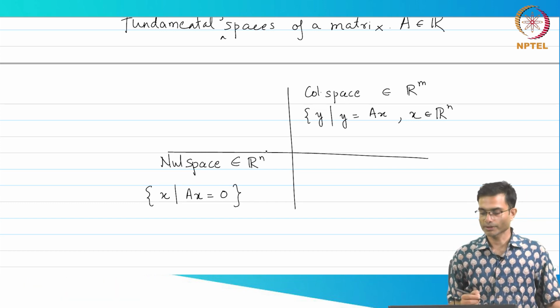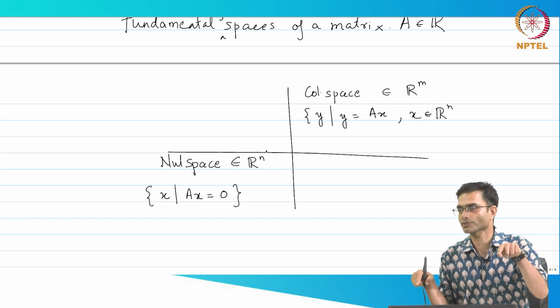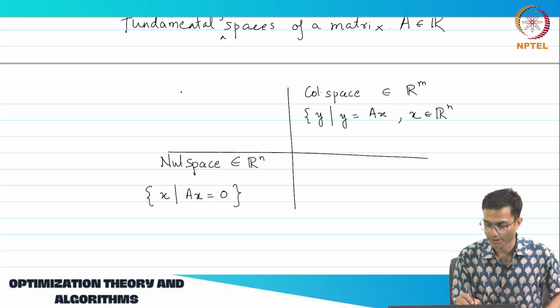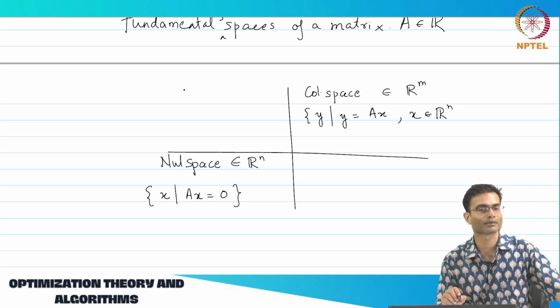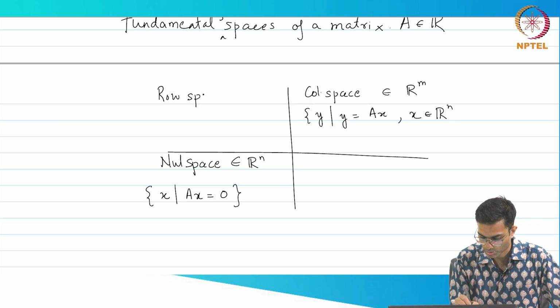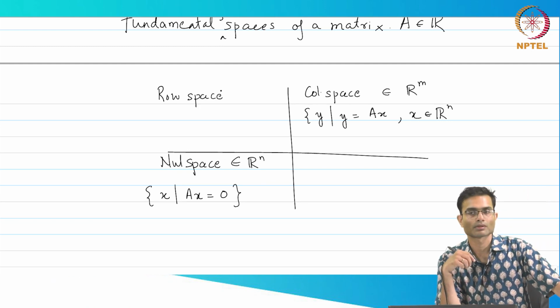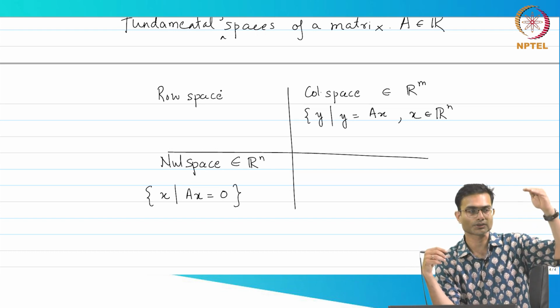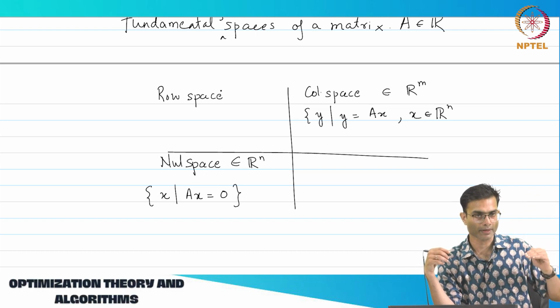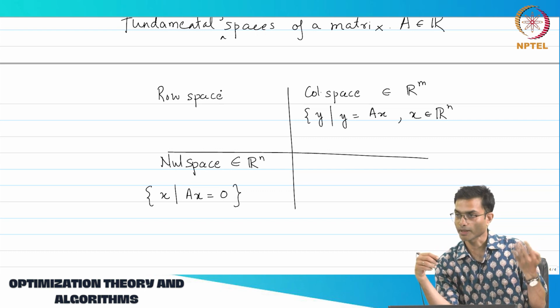Okay. Now that we've got the column space and the null space, there are, you can see, two missing corners over here. So what should I write over here in the top left? Row space, right? Row space simply is the space spanned by linear combination of the rows of A. Rows of A are the same as columns of A transpose, right?